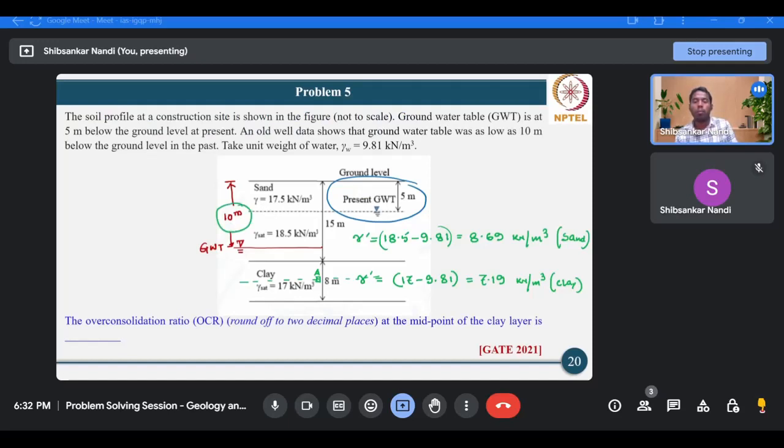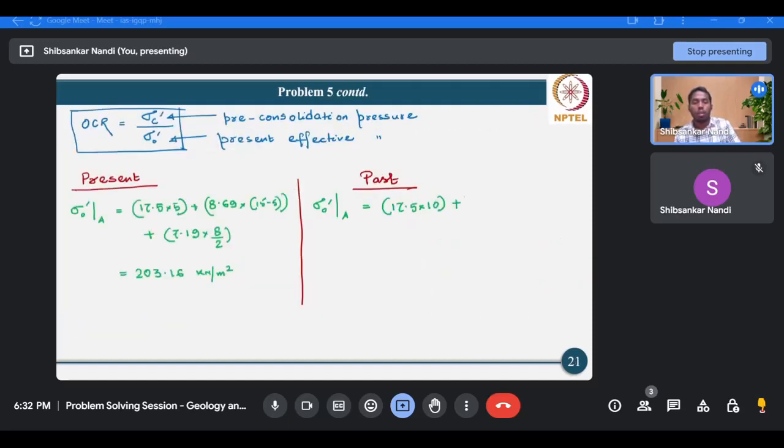So the remaining sand portion was 15 minus 10, that is 5, so 8.69 multiplied by 15 minus 10. And the remaining clay portion is unchanged. So if we calculate, then it would be 247.21 kilonewton per meter square.